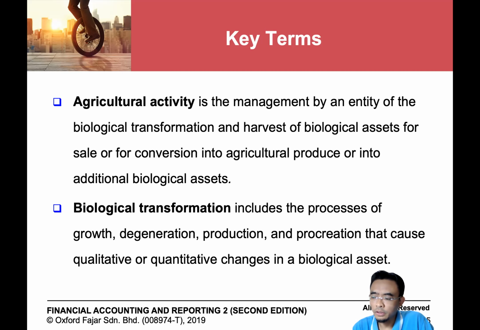Or it starts with breeding the animals, breeding the livestock, and then nurturing the livestock until it is full grown, for example the cattle or the sheep, so that it can be sold to others. So there is a biological transformation in the asset itself.